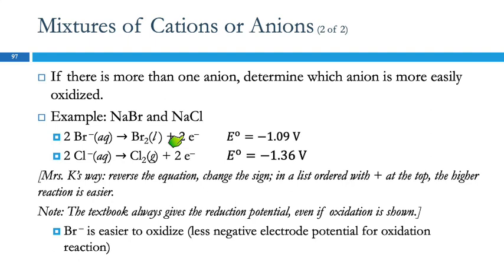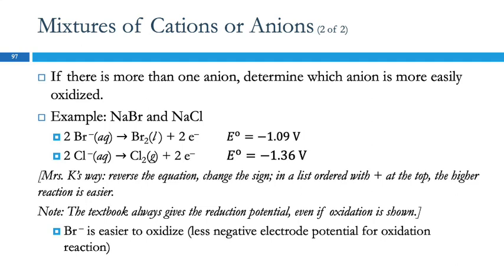This is an oxidation half reaction, because this is losing electrons. If you look this up in the table, though, it only shows you reduction half reactions and reduction potentials. So here I'm going to flip these, so I'm looking at oxidation, and then what I do for this is I change the sign, right?